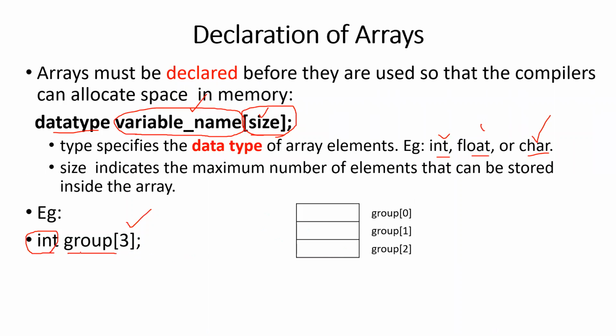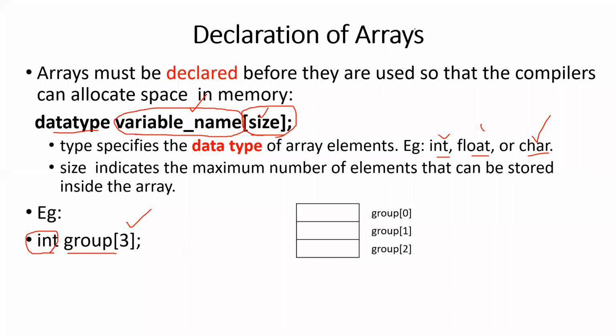So when we declare an array of integer data type, tell me who can answer such a question. What will be the size of the array called group? You will be thinking, ma'am didn't tell about how much memory will be allocated for the array called group. Let me see who is able to answer.